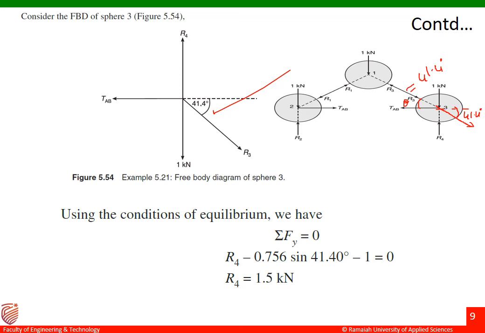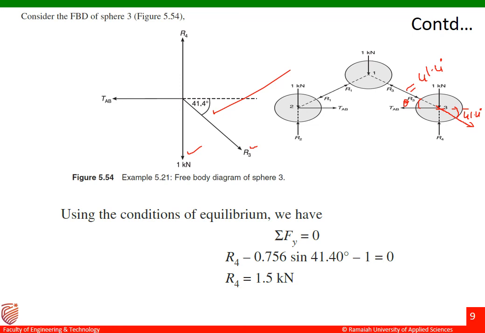So now we have forces and we have the angle made by each force. Now we can apply the equilibrium equation there. So what is unknown here? R4 is unknown. What is the nature of R4 here? It is the vertical force there. So we can apply only one equilibrium equation, that is summation Fy equal to 0. So plus R4 minus 1 and then minus R3 sine 41.4 degrees.